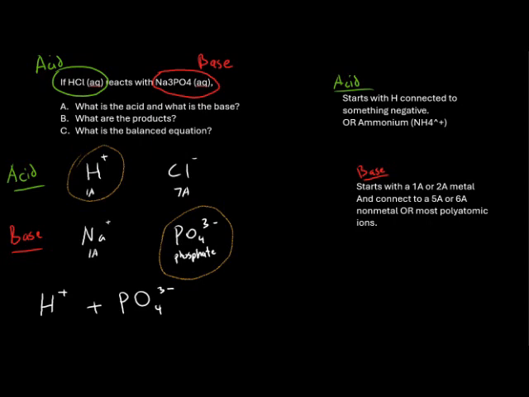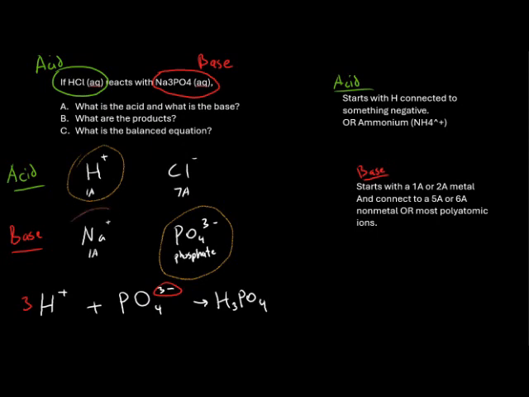The charge on the positive piece is 1 positive, and the charge on the negative piece is 3 negative. Therefore, if we combine these right now, we will not have a neutral compound. We're going to have to multiply the H plus by 3 to give us 3 positives. This will neutralize the 3 negatives. When we combine these together, we will end up with H3PO4.